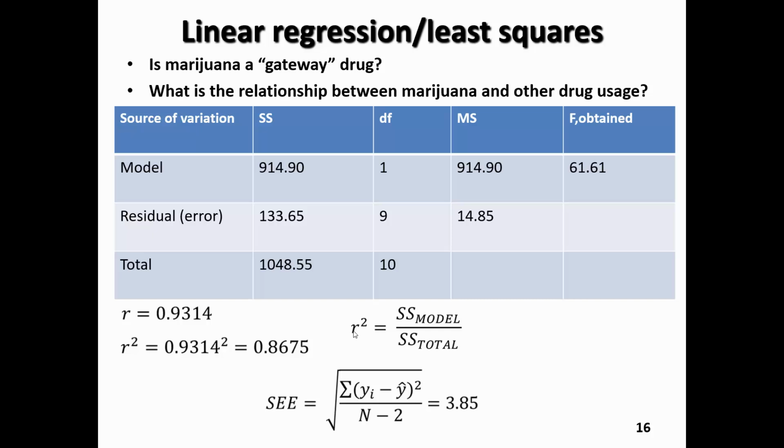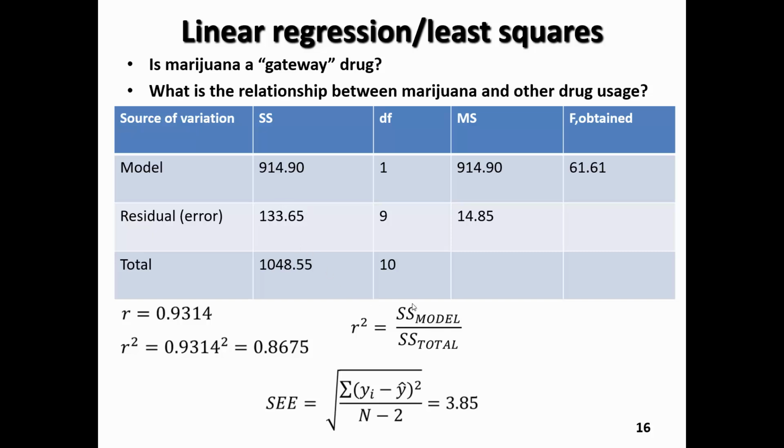The second way to calculate the R-squared value is to take the sum of squares of the model, that's the 914, divided by the total. What we're really doing is calculating a ratio of how much of the total variability in the data, the variability accounted for by the ideal situation with the model and the random variation in the data.